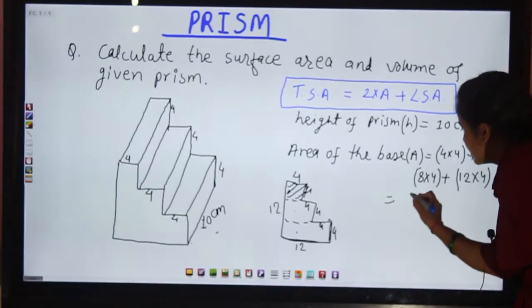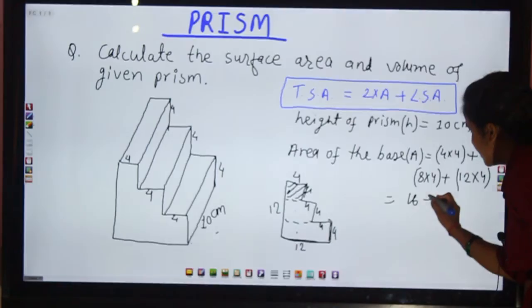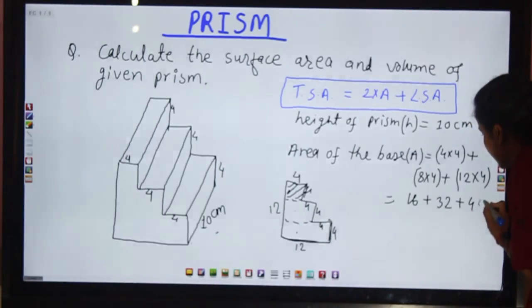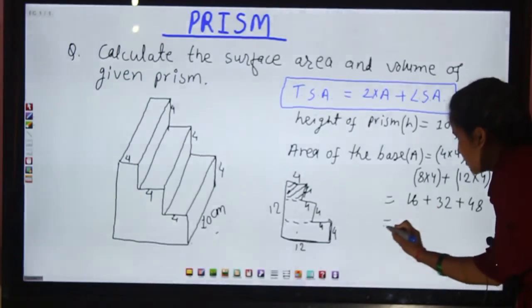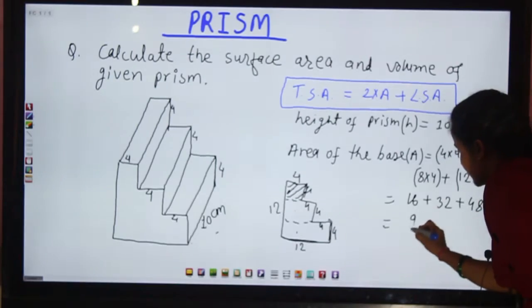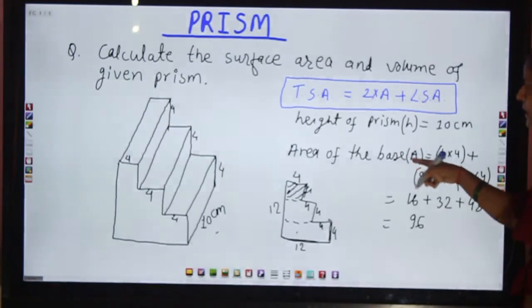Then 4 4s are 16 plus 32 plus 48. While adding, it gives 96. It is the area.